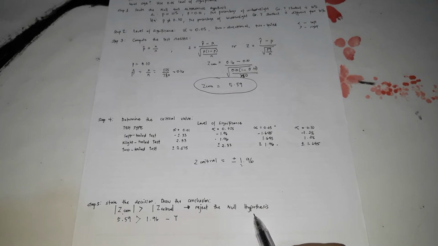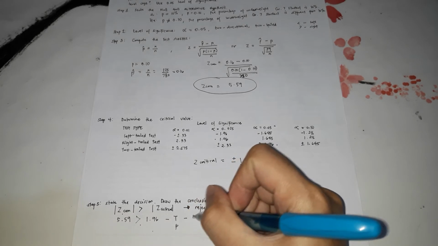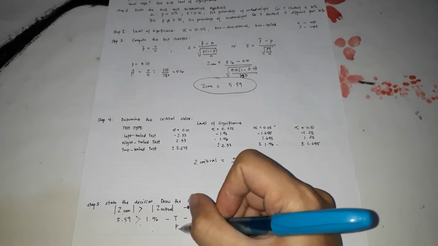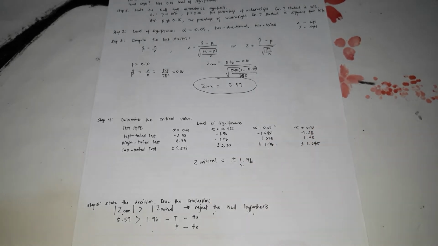Ibig sabihin, our conclusion would be the alternative hypothesis. So if it is true, our conclusion would be the alternative hypothesis. If it is false, our conclusion would be the null hypothesis.